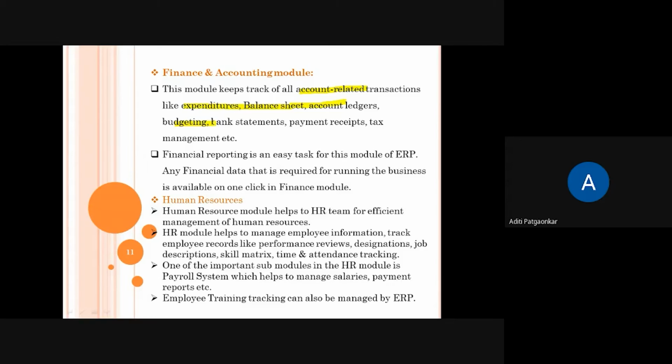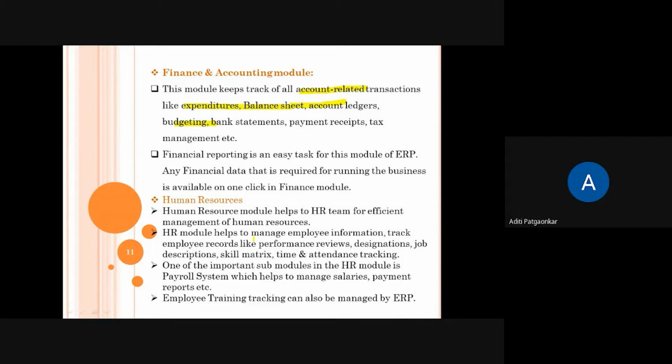Okay, the next very important module of ERP that we have is HR, human resource. This module helps the HR team with efficient management of human resources. Now, what are the activities handled by the HR module?